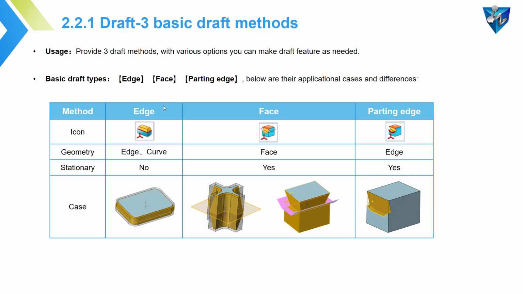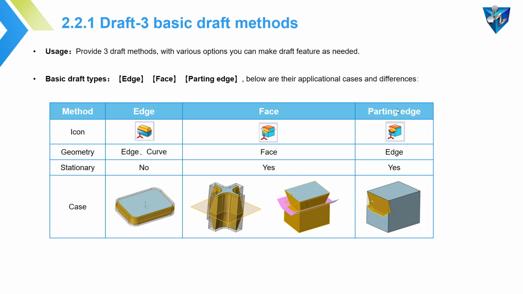Now let's see the first one, edge. For draft by edge, the draft geometry can be edge and curve, including a parting curve, and there's no stationary. For the face draft, the draft geometry is one face or multiple faces, and there is a stationary plane or surfaces in the face draft method.